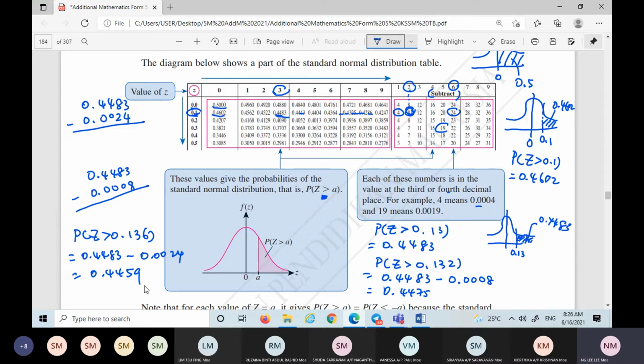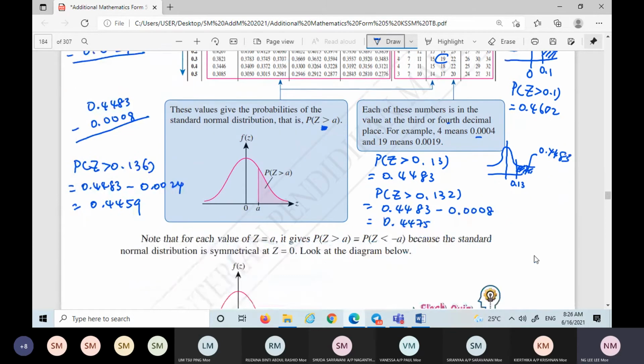Then you will ask maybe, why subtract? Why minus? Why not plus or others? You see the concept here.